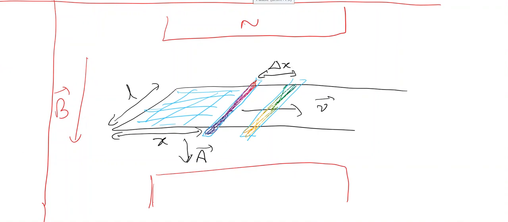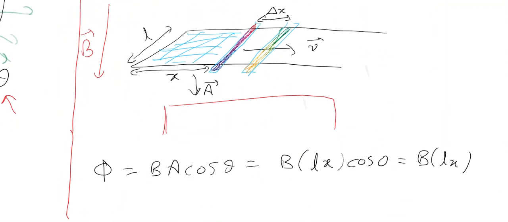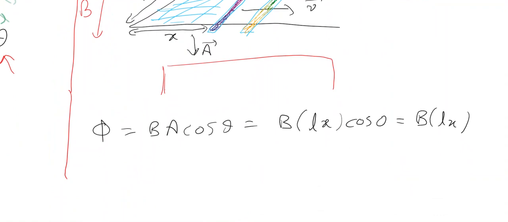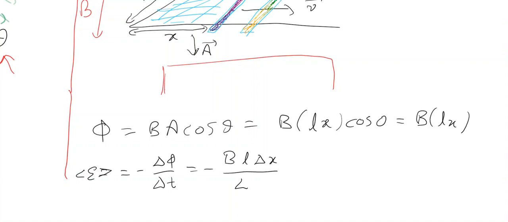So obviously I'm changing the area, and if the area is changed, there is a change in flux, and then we can expect an induced EMF. So how much is the induced EMF? The average induced EMF is minus delta phi by delta t, so minus B L delta x upon delta t.